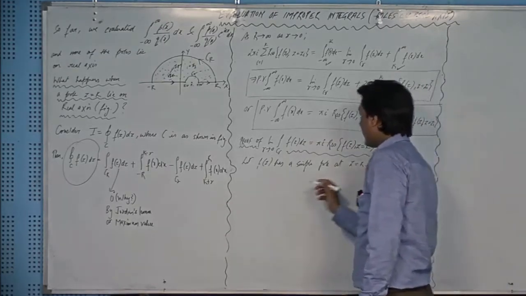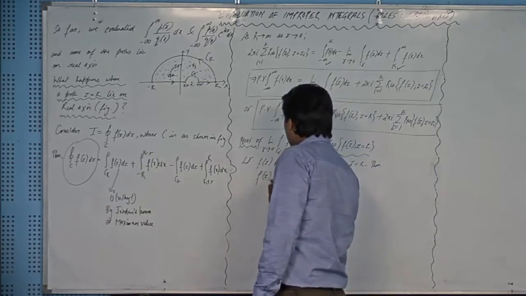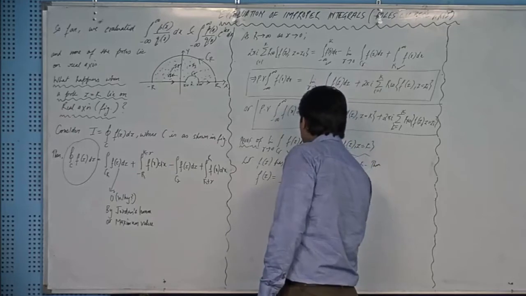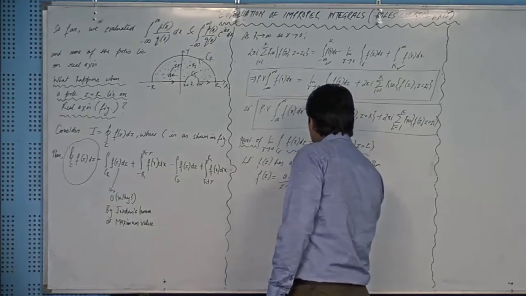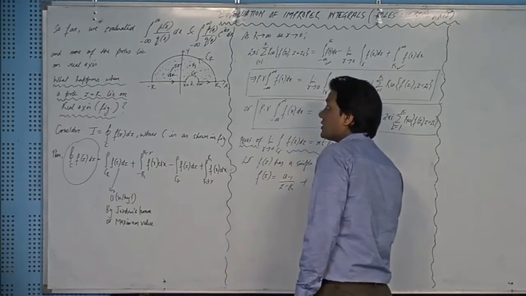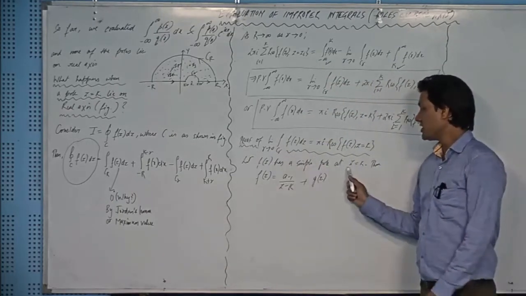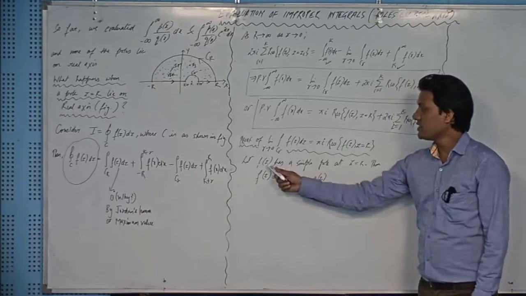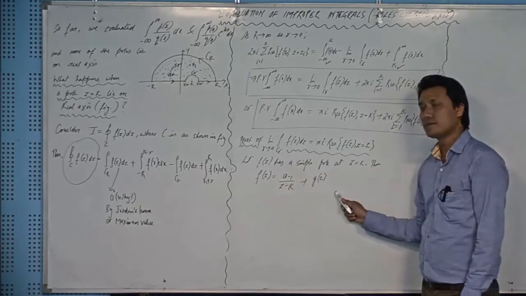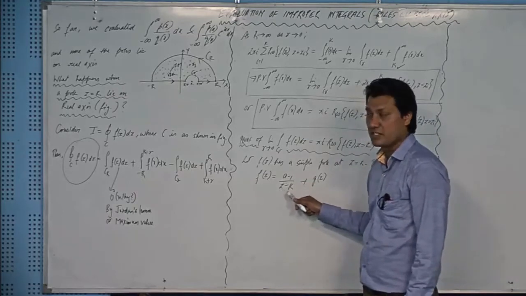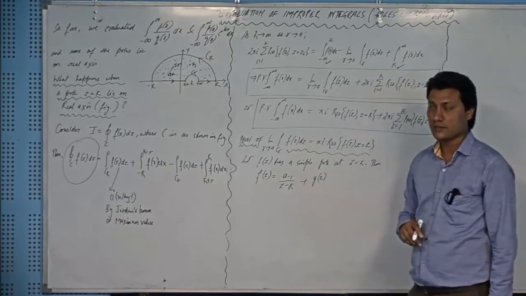Then f(z) can be written as a_{-1} over (z minus k) plus g(z). Since f(z) has a simple pole at z equal to k, it can be expressed as a Laurent series where the highest negative power of z minus k is minus 1.